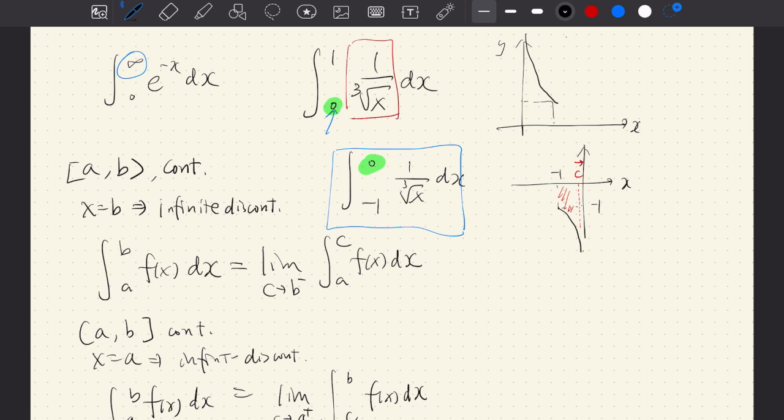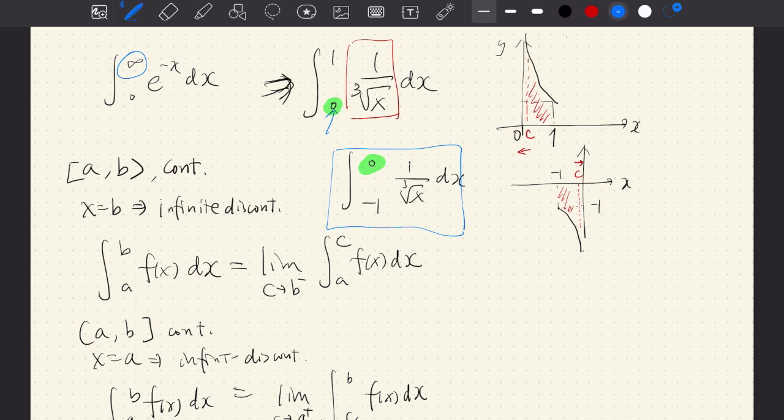Okay, so for example, in our improper integral here, originally we want to integrate from 0 to 1, but 1 over the cube root of x is actually going to infinity, or -infinity, as x goes to 0. So we can first evaluate the definite integral from c to 1, and then we let c go to 0 from the positive side.